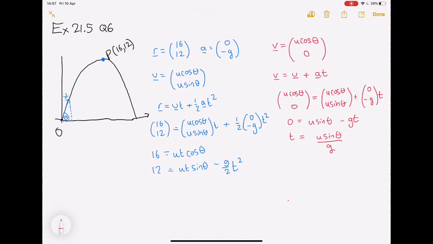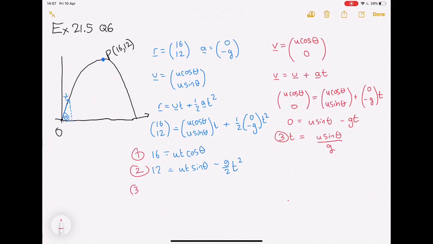So we've got equations 1, 2, and 3: three equations and three unknowns. We want to eliminate t from these, so I'm going to substitute equation 3 into both equations 1 and 2.